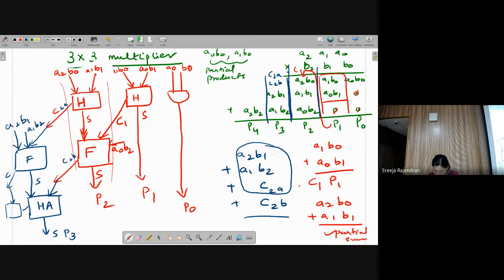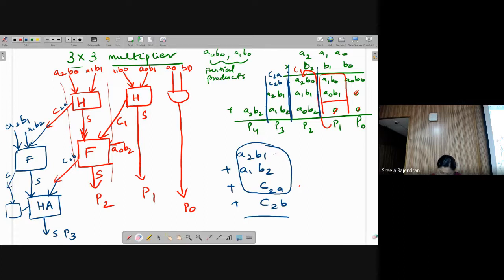Now what is the last stage? I'll write it first so you can know. If you look here, my last stage is just this. Since in the previous stage I used a full adder and a half adder, I will have two carries coming in. Let me call them C3A and C3B. So I have to adjust them here.